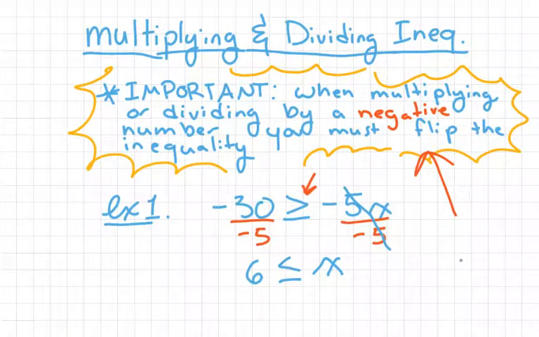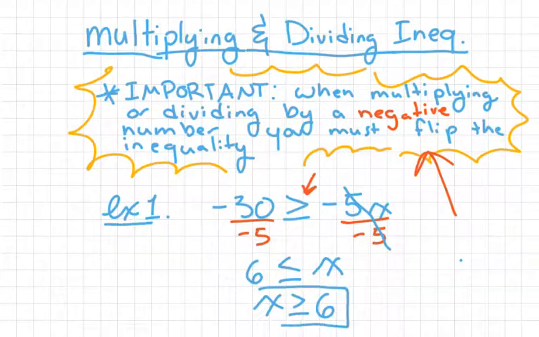Now, if I flip this again, I have x is greater than or equal to 6. That is my solution. So you have to remember to flip that inequality, and I'll give you some intuition in example 3 as to why we're doing that.